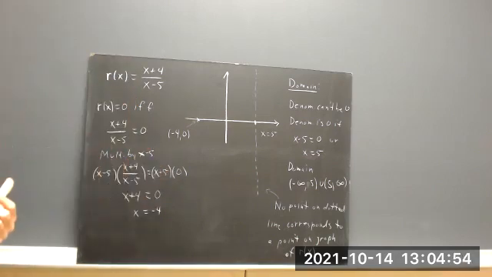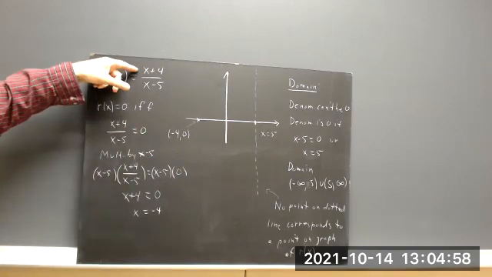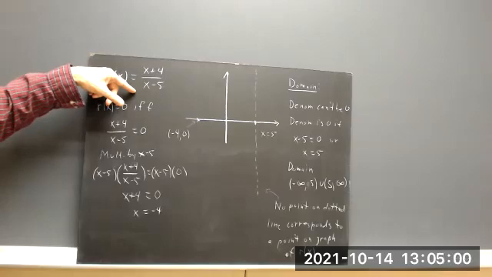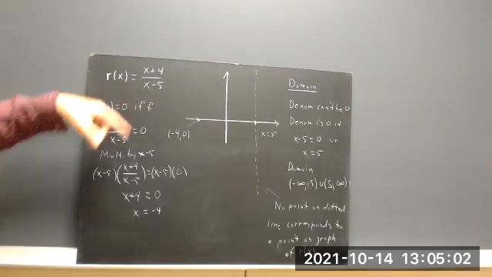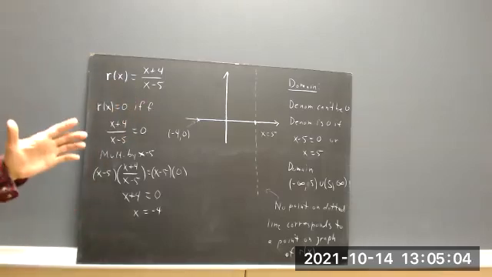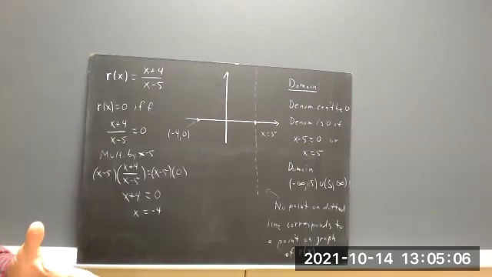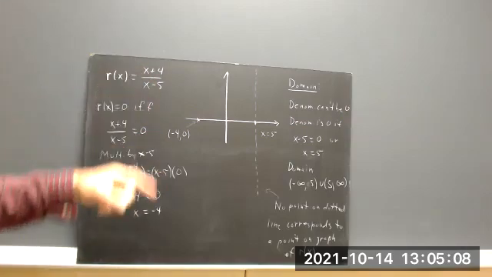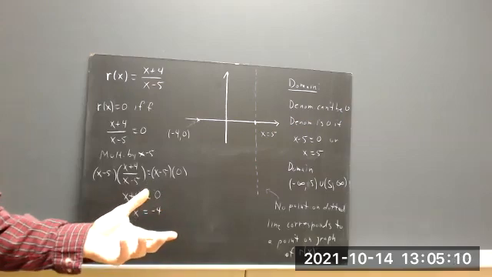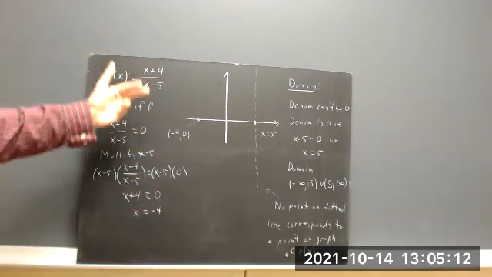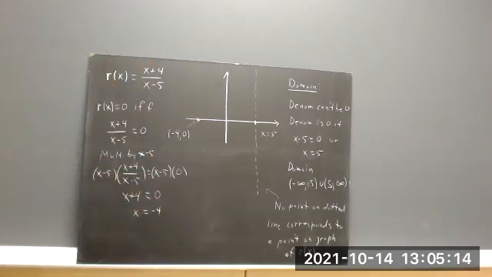If x is negative 1,000,000, you're going to get something pretty close to negative 1,000,000 here and pretty close to negative 1,000,000 here, aren't you? So for very large x, x plus 4 and x minus 5 are pretty indistinguishable. So when you divide them, you're going to get something close to 1.